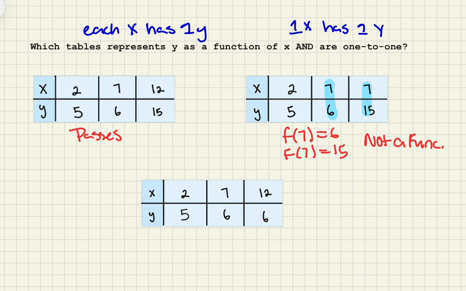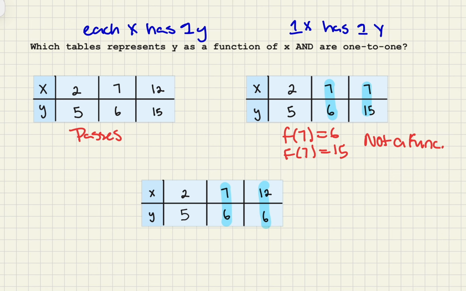And now for the last one, we see that each x has one y. But we see here f of 7 equals 6 and f of 12 equals 6, so we are given two x values but one y value.